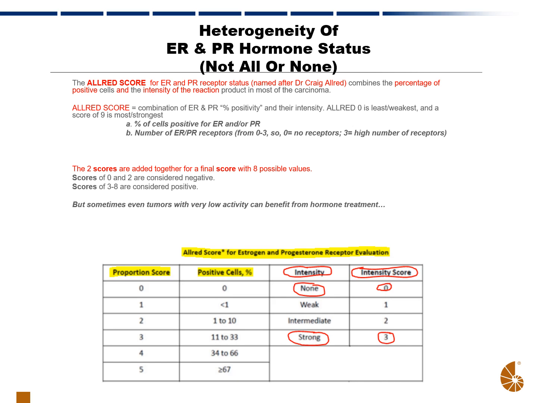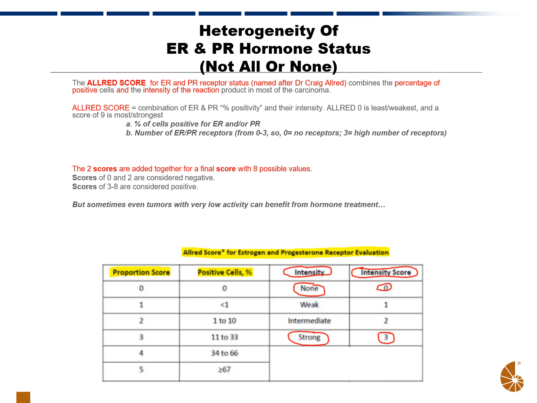So you can see that when the receptor status is evaluated, it depends on the percent of positive cells and the intensity of the reaction, whether it's positive or not. So this is part of what's called the Allred score, in case you ever see that.